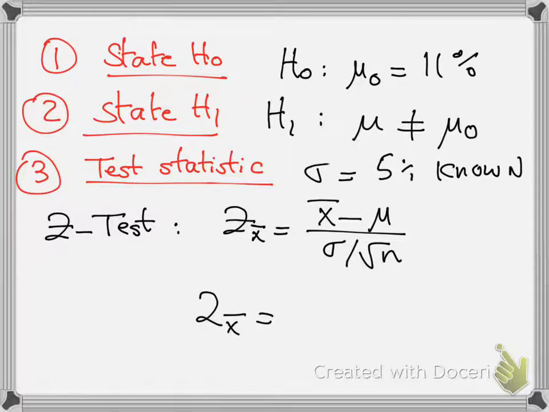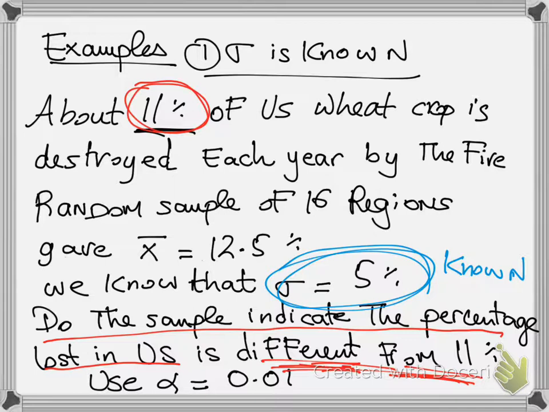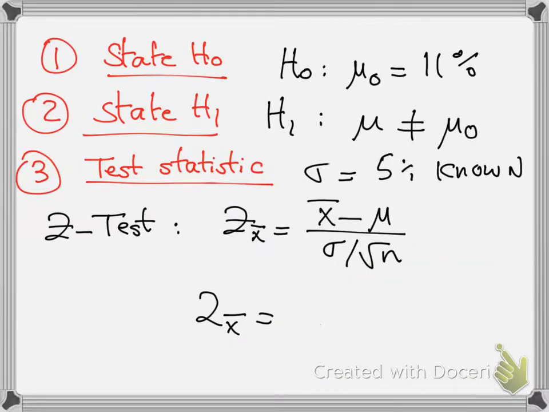So what's x bar here? The sample average, or the sample mean. We have a sample of 16 regions, and they gave x bar equal to 12.5%.